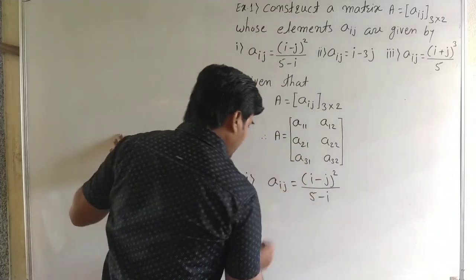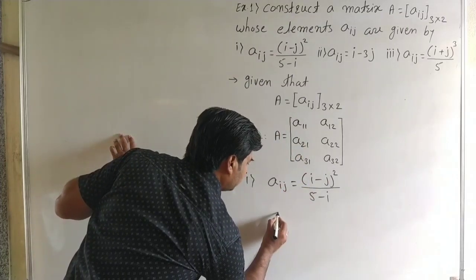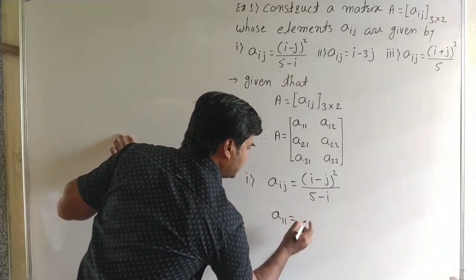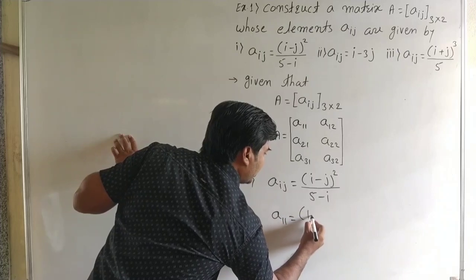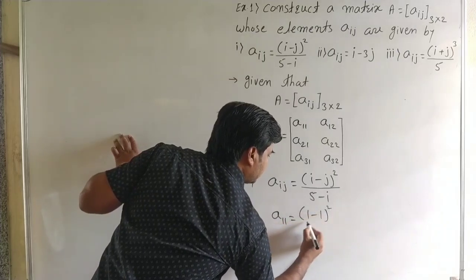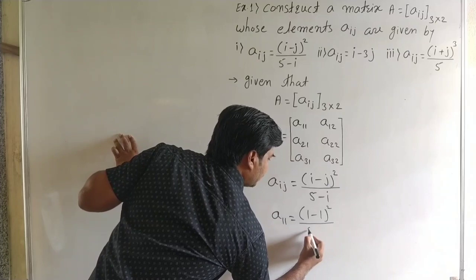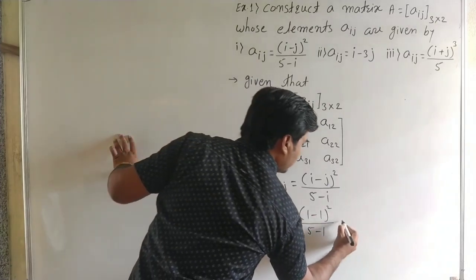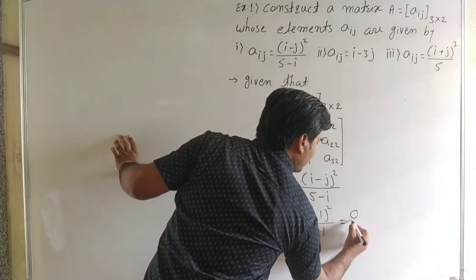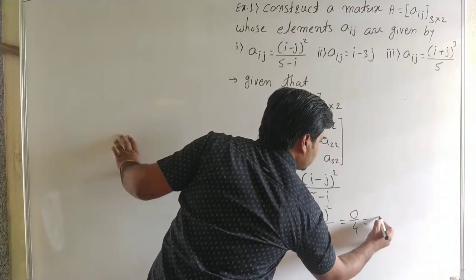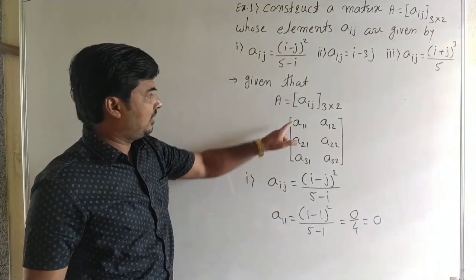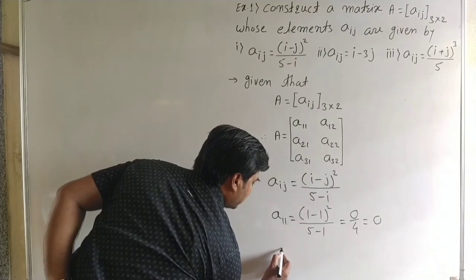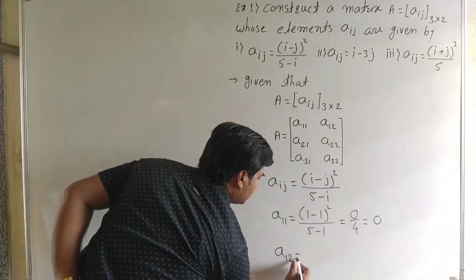Now the first element we can write is a11, that is row number and column number i and j. So here we can write (1 minus 1) whole square upon 5 minus 1. 1 minus 1 is 0, therefore it is 0 upon 4, which means 0. It is the first element, 0, by using this condition. Then we find the second element a12.